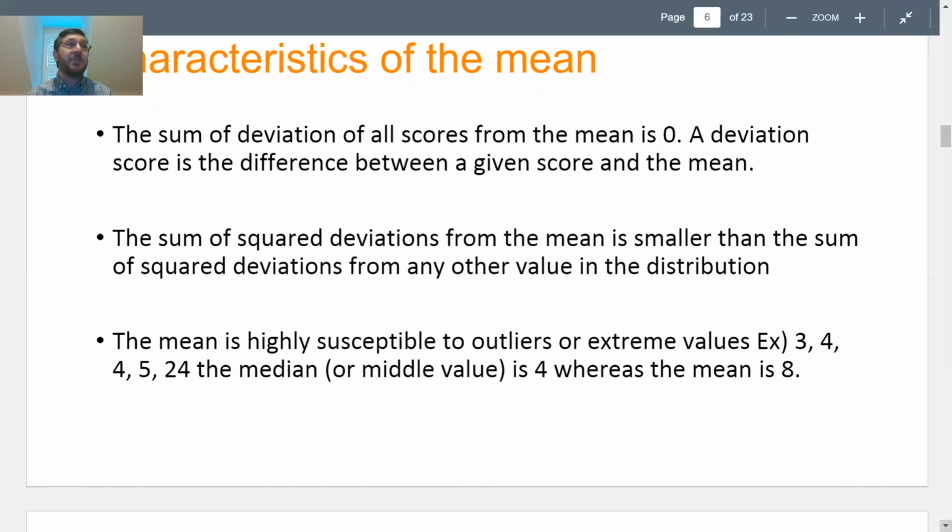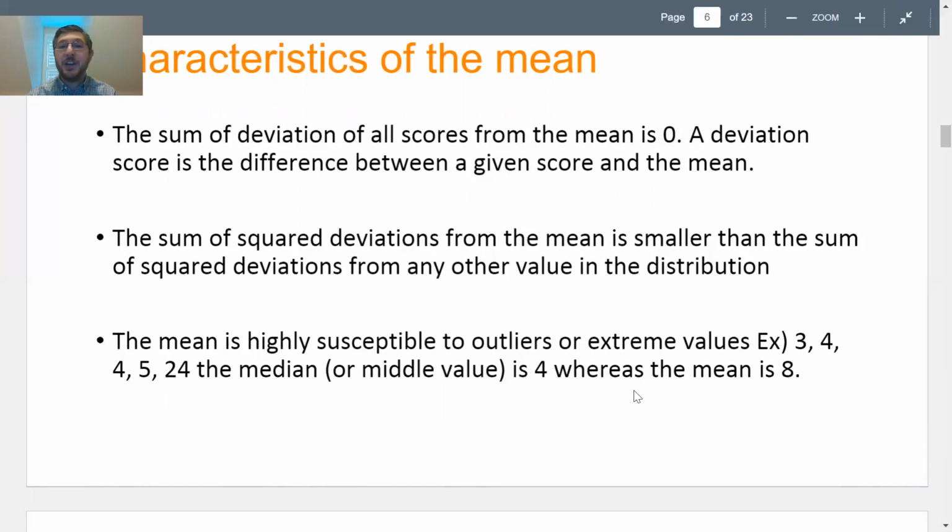So if we took the median, subtracted each score from the median, squared it, and added them all together, if the mean and median aren't the same thing, then the deviations from the mean will be smaller. And this will come into play when we talk about standard deviation. This property is what the standard deviation is based on.